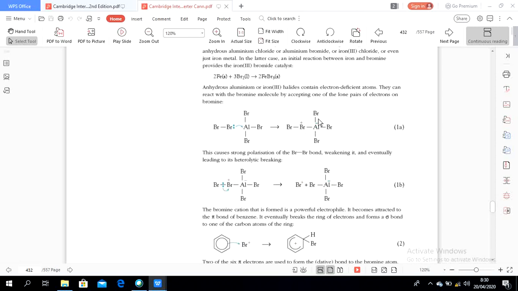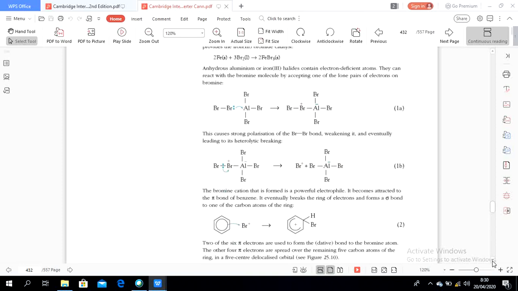We know that aluminum by default has only 3 electrons in the outermost shell, but the dative covalent bond makes it like this. And then after that, the electron of the bromine is taken, and there is an electrophile, and this structure.